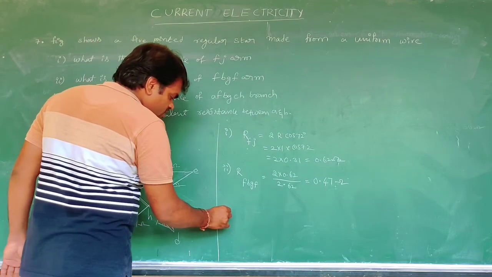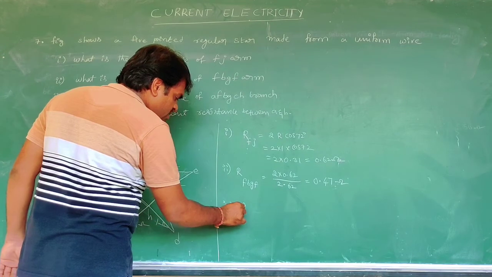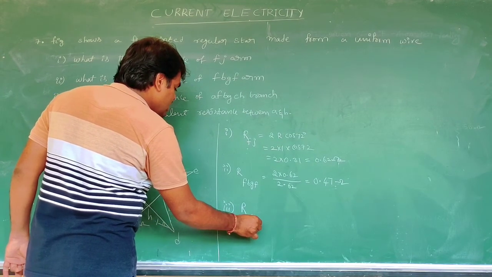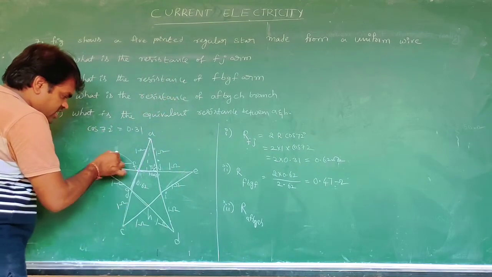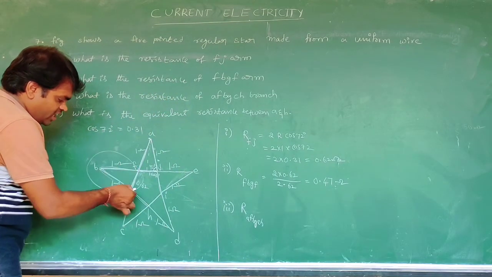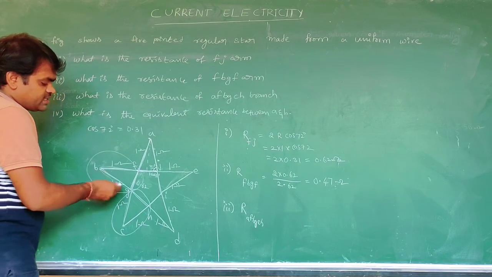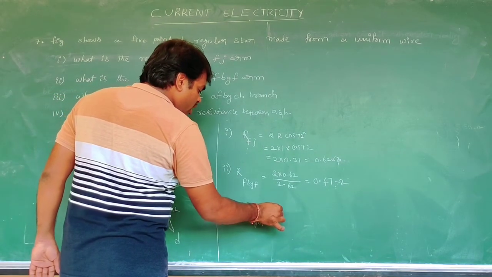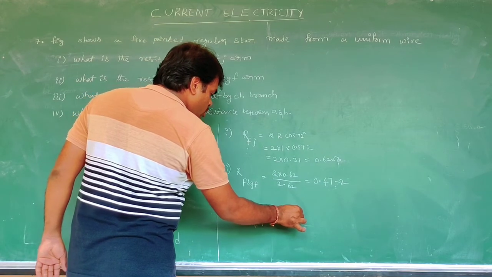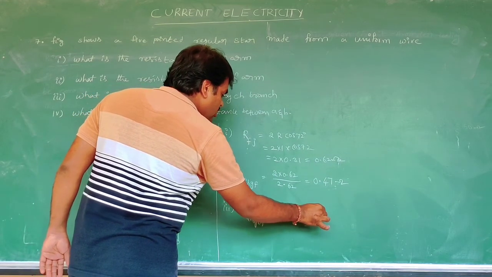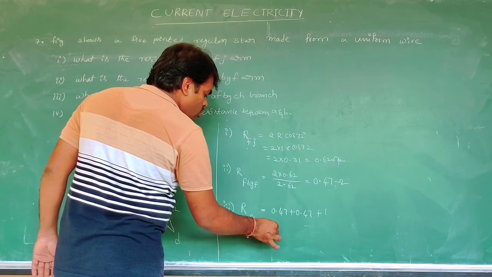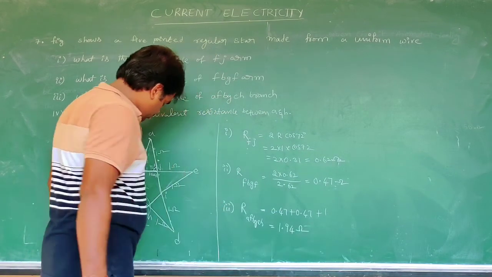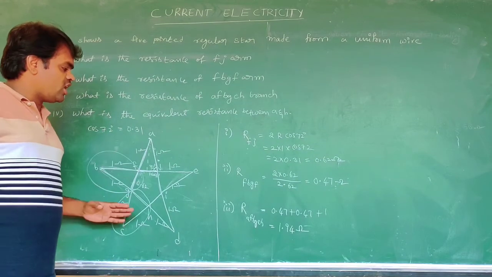That's why the resistance of AFBGCH, we know this resistance. Now we are calculating. Similarly, this also is the same. That means what you write here? 0.47 plus 0.47 plus 1, then 1.94. We got 1.94.